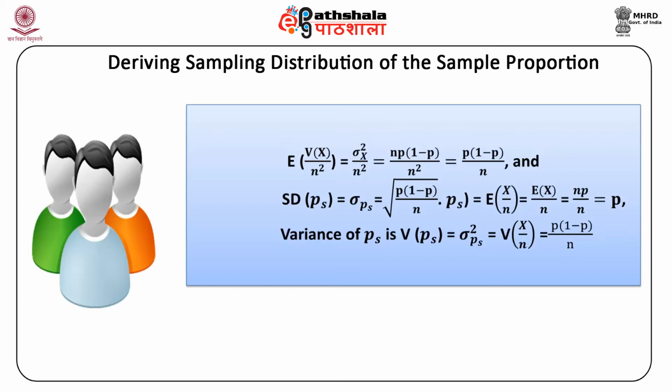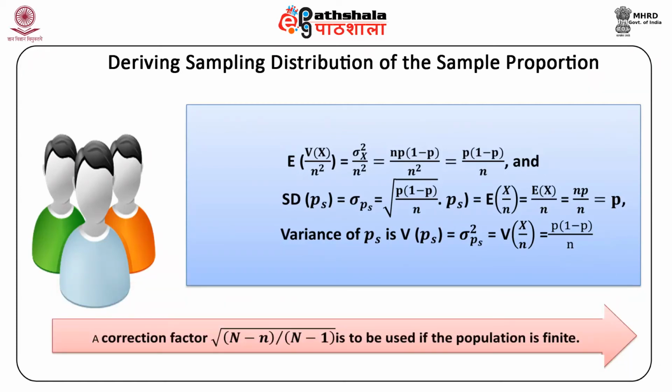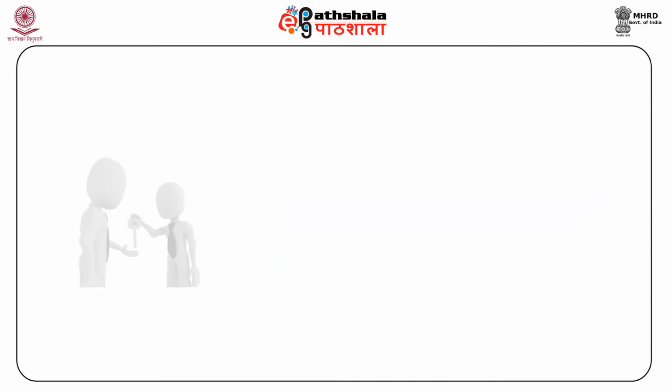The standard deviation of ps is also termed the standard error of the proportion. It must be mentioned here that this expression for computation of the standard deviation is used only when the population is infinite. A correction factor of under root of (capital N minus small n) upon (capital N minus 1) is to be used if the population is finite.